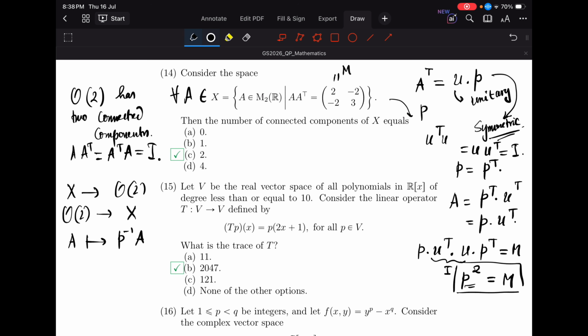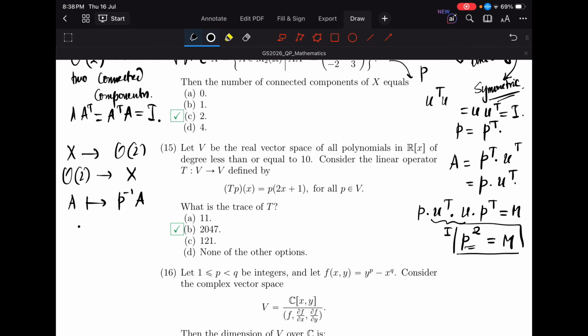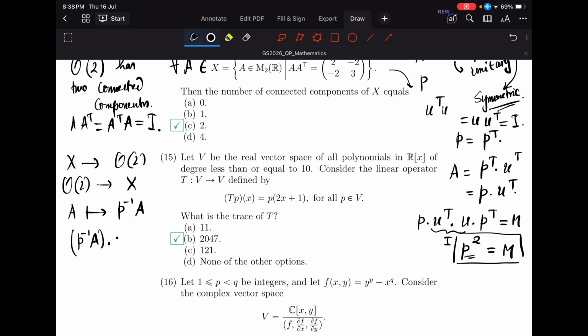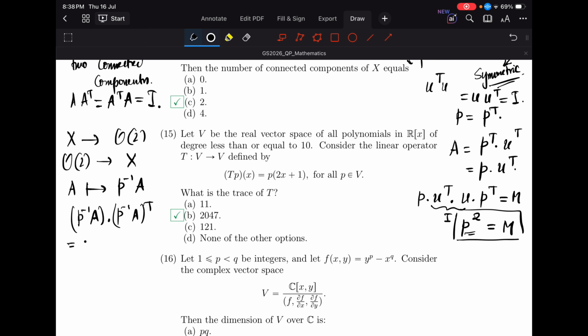Okay, then you can check that P inverse A times P inverse A transpose equal to what? Equal to P inverse A A transpose P inverse transpose. A is inside X, so I want to show that P inverse A is inside O2.